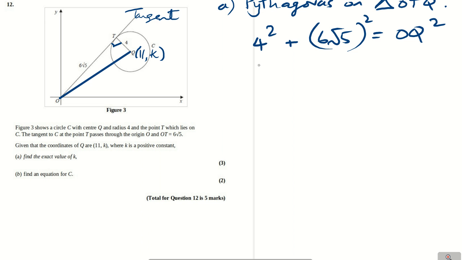Now 4 squared is 16. 6 root 5 squared, well, 6 squared is 36, and root 5 squared is obviously just 5.